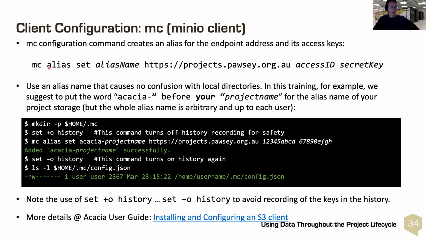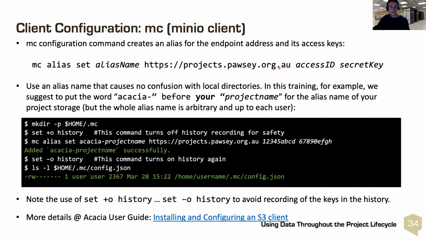In this case, the command is alias set. We are going to set what is called in MC an alias name. You choose what alias name you want for your access into Acacia. This name is arbitrary.